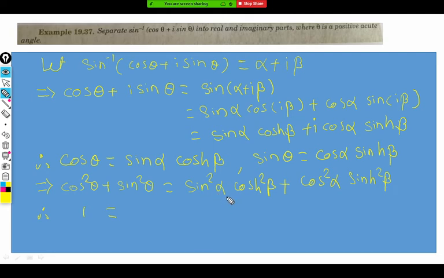So here is the sine square alpha. I'll keep sine square alpha as it is. If we replace, here is 1 minus sine square alpha, cos h square beta.